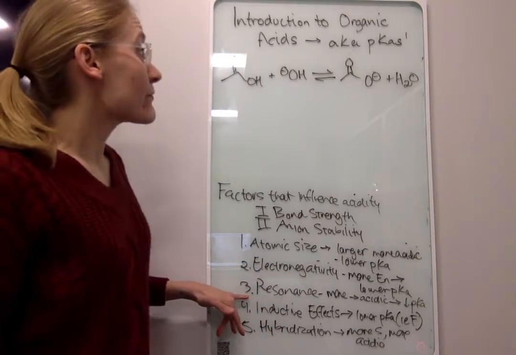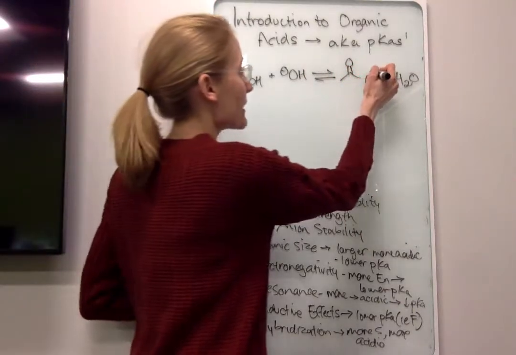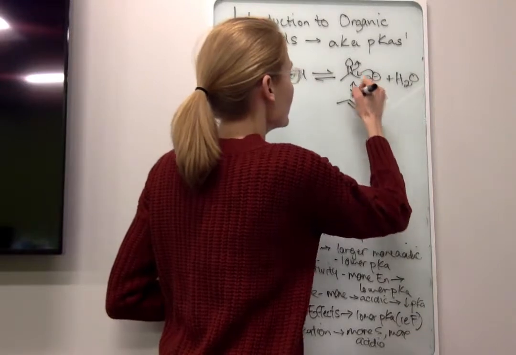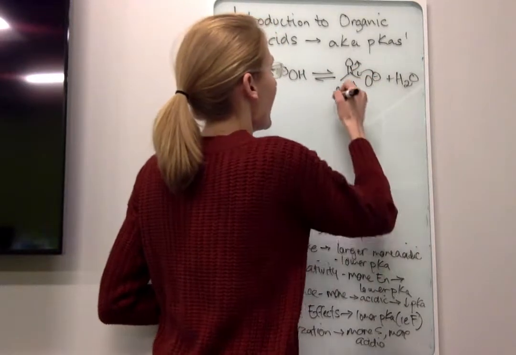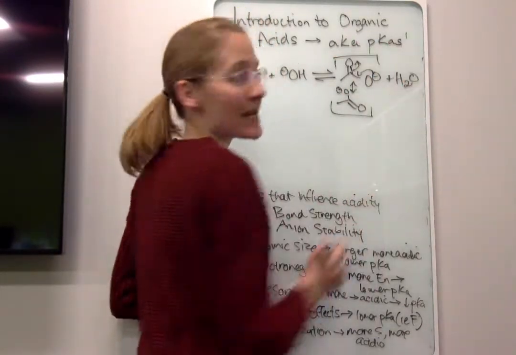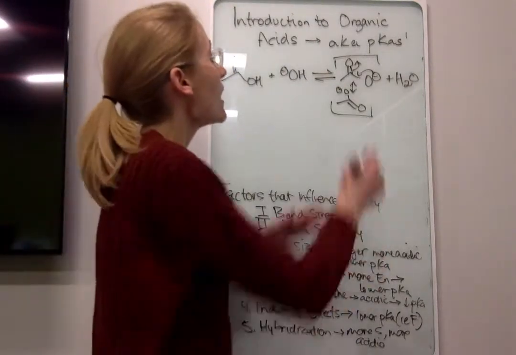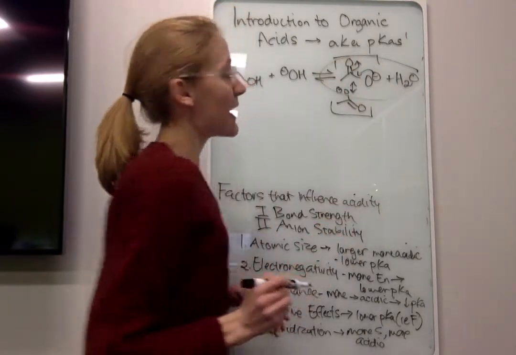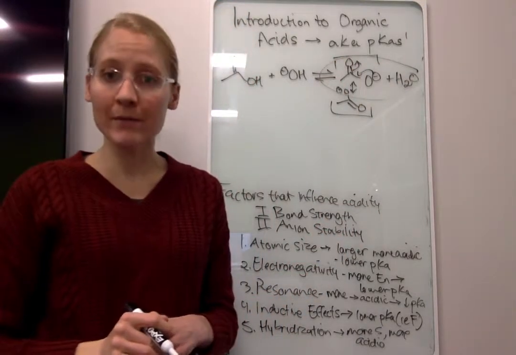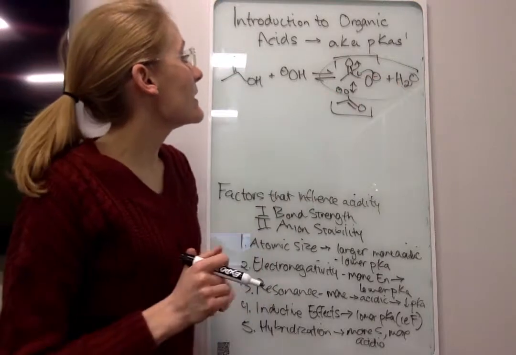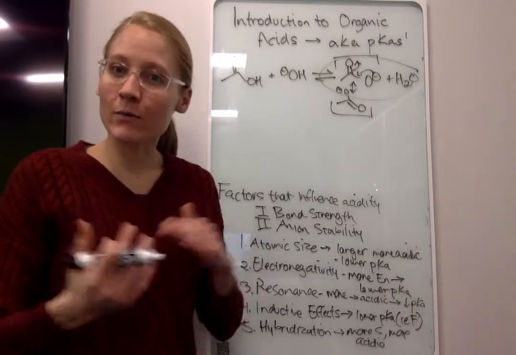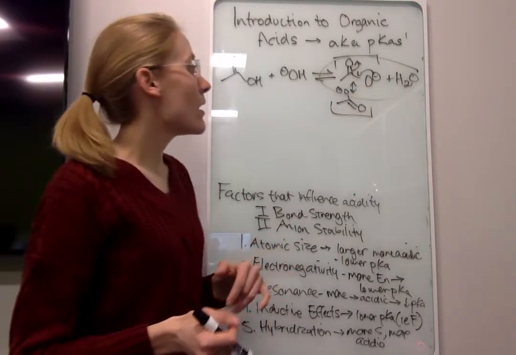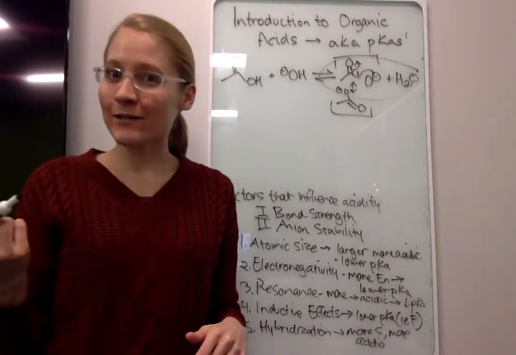However, if we look at resonance effects, this carboxylic acid has resonance, and so this makes the anion more stable. Because the anion is more stable, we're going to pick this side of the equilibrium equation. We're going to see preferential deprotonation of the carboxylic acid. And if we look at pKas, this is going to confirm it.